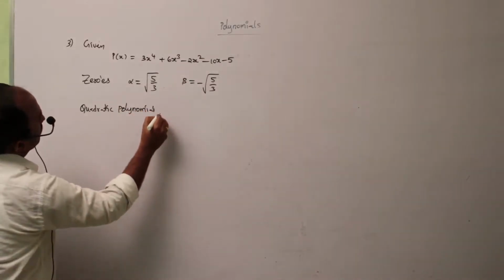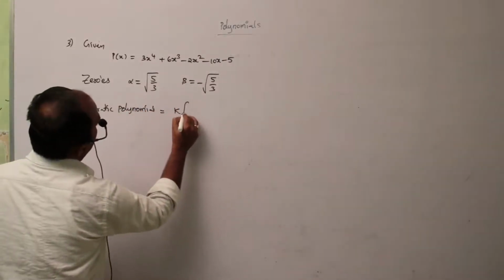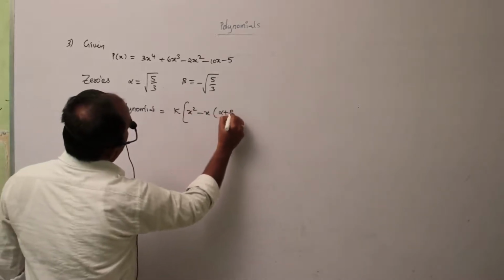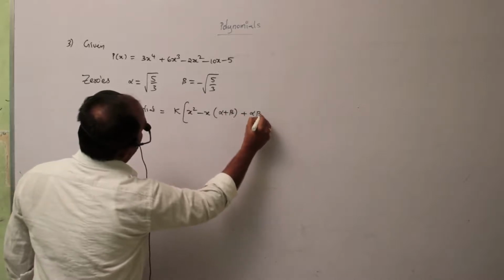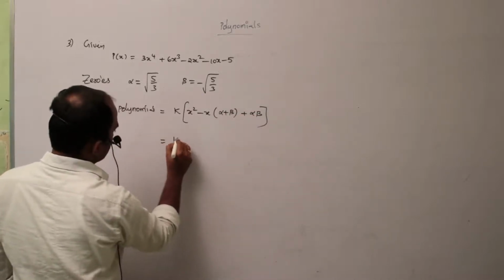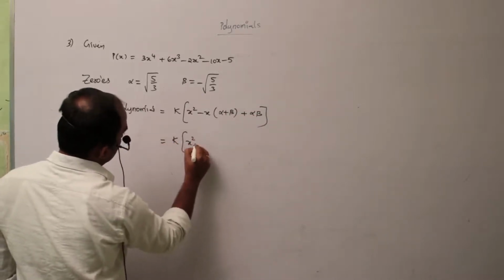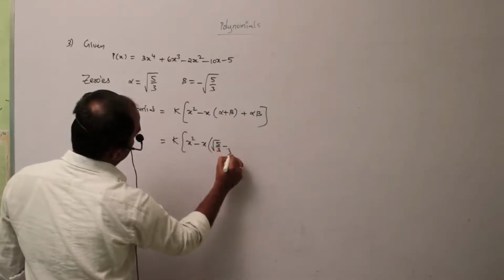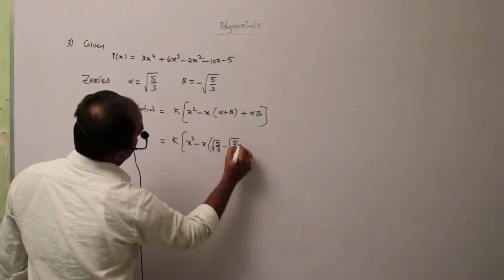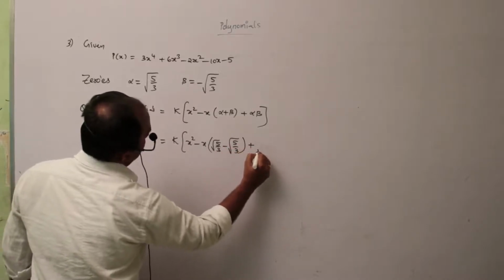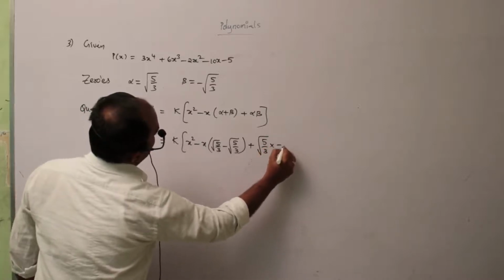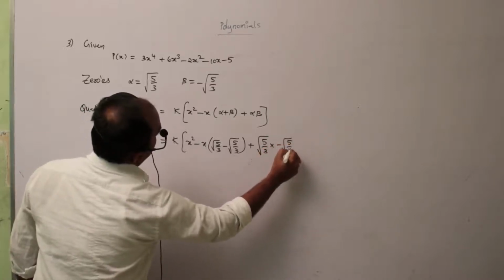For a quadratic polynomial, we know the formula: k into x square minus x into alpha plus beta plus alpha beta. That means k into x square minus x into root 5 by 3 minus root 5 by 3 plus root 5 by 3 into minus root 5 by 3.